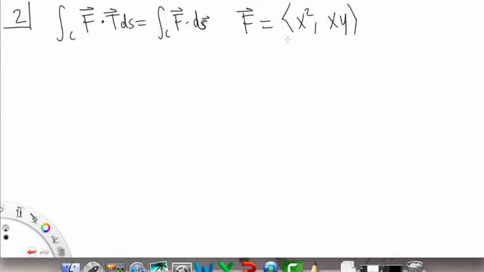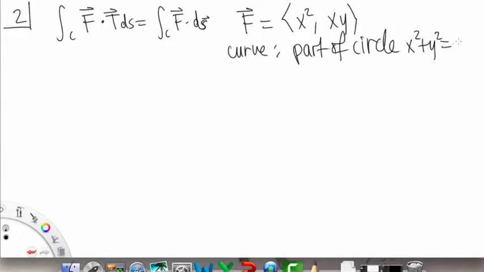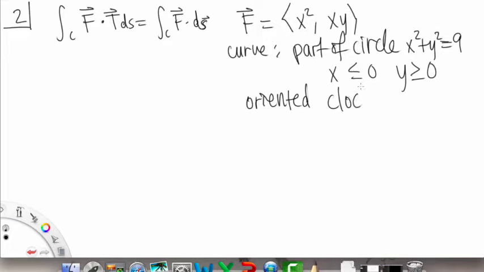Okay, and then our curve is going to be part of a circle, given by the formula x squared plus y squared equals 9. And so the part of the circle is restricted by x is less than or equal to 0 and y is greater than or equal to 0. And it's oriented clockwise.